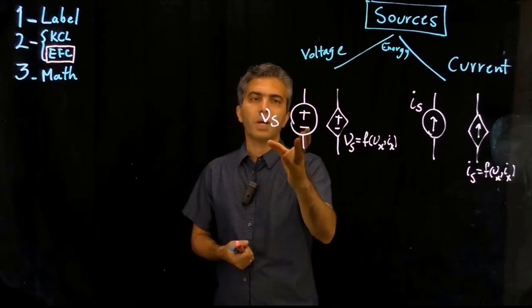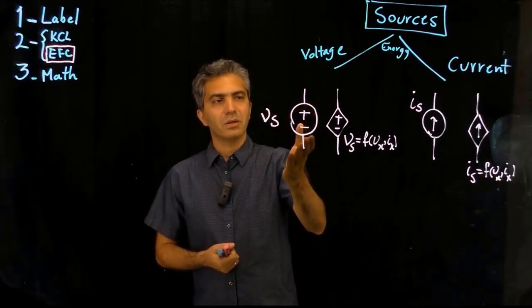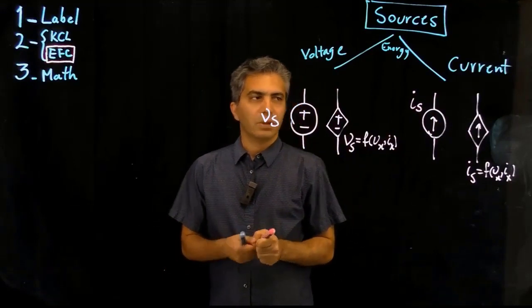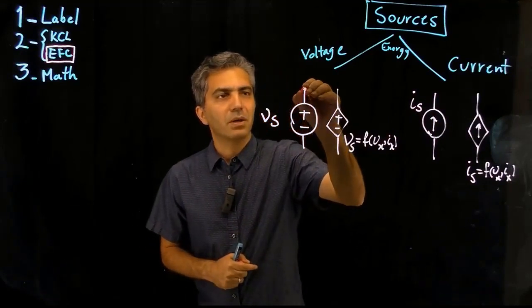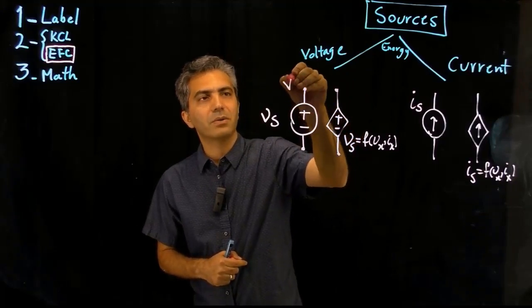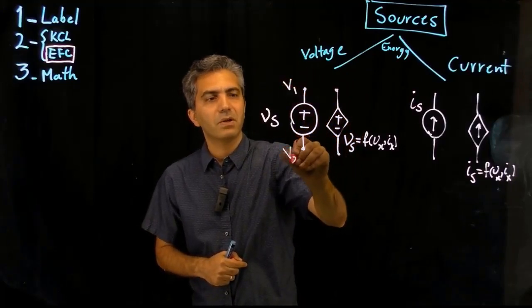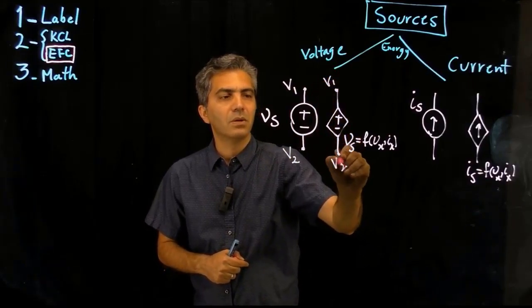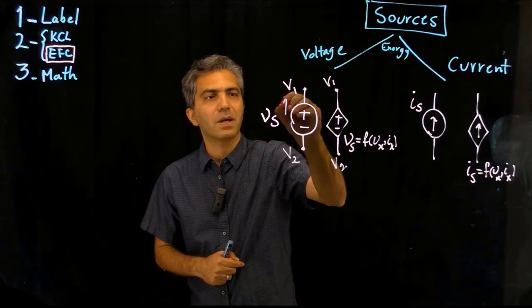So if I want to write an equation that describes the functionality of these, it would be quite simple. So let's do it. I'm going to define nodes here, and in both cases I'm going to call them V1 and V2, and then have currents passing.